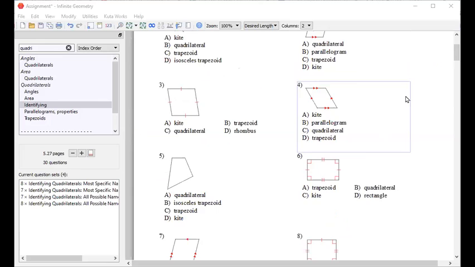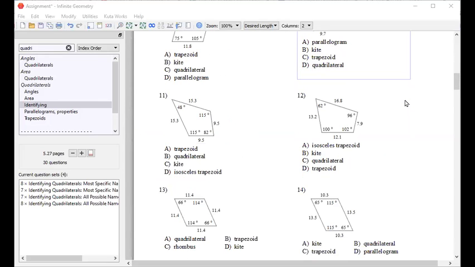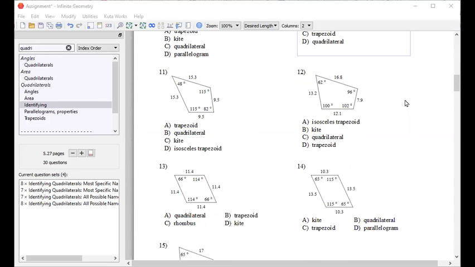You're also going to see some on this worksheet that have markings. So if we look at number 14, we're going to look right back at the characteristics that we saw. Opposite angles are the same. Opposite sides are the same length.